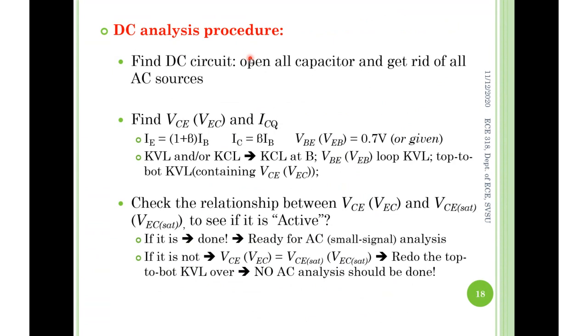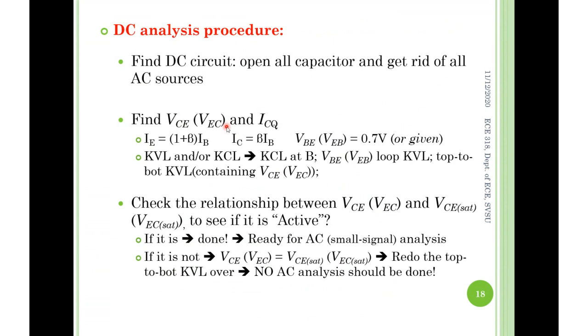With a DC supply, we get rid of all of the AC inputs and the capacitors, and we will be able to find a DC circuit, where we obviously open the capacitor, short the input AC voltage source, and open the AC current source, if any. And then we are going to find the voltage and current.